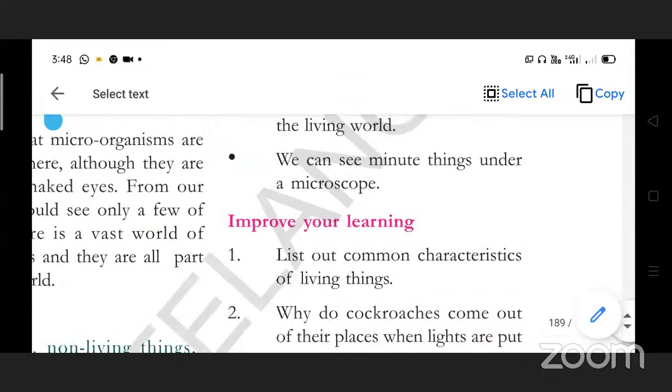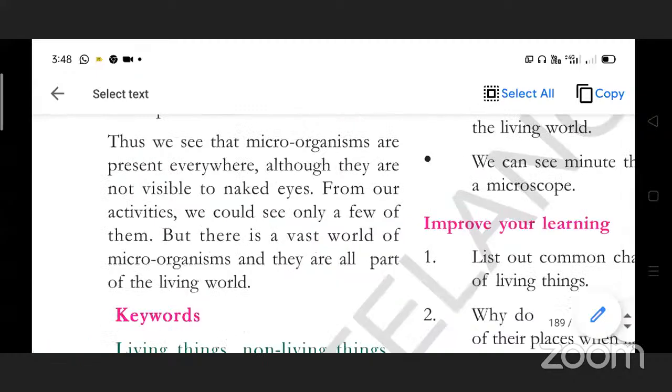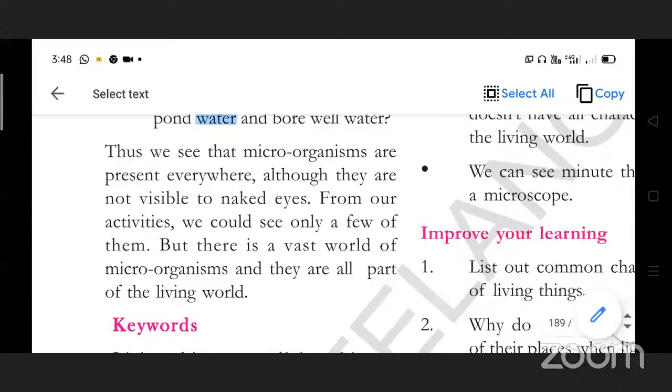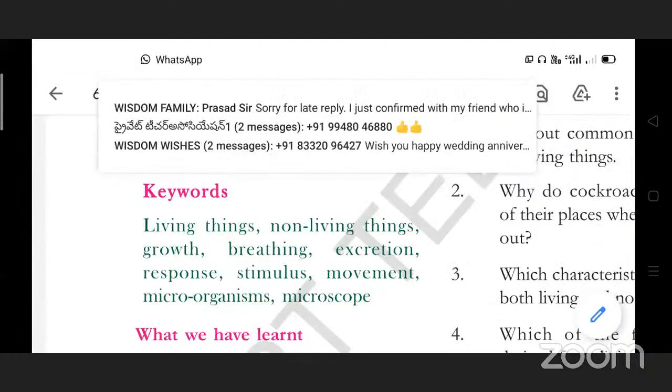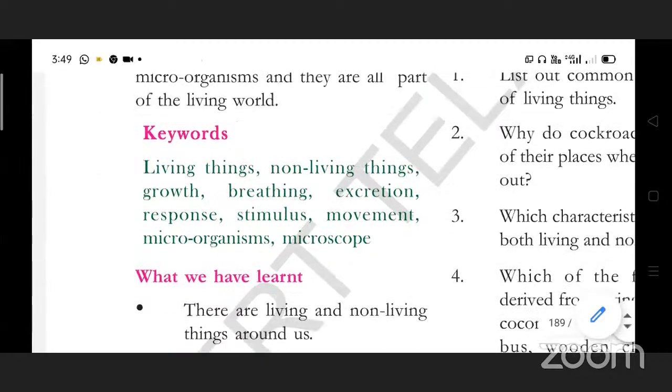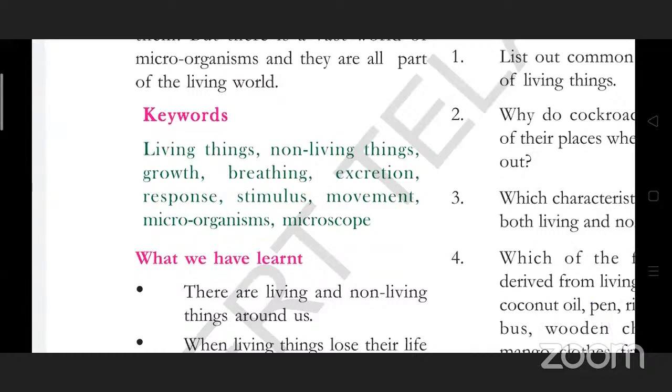Next, concentrate here, children. The keywords are: living things, non-living things, growth, breathing, expression, response, stimulus, movement, microscope.